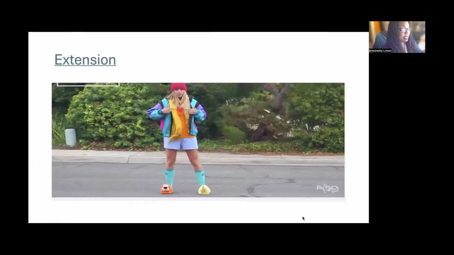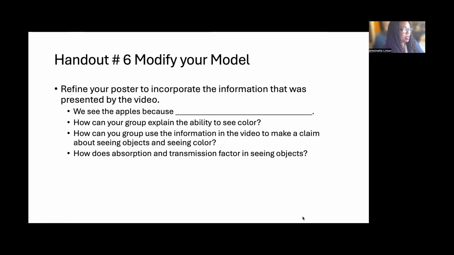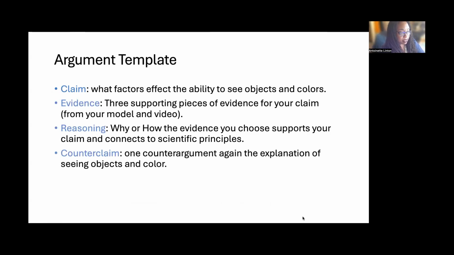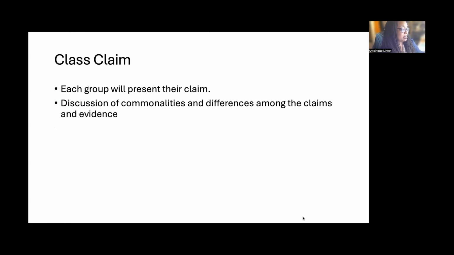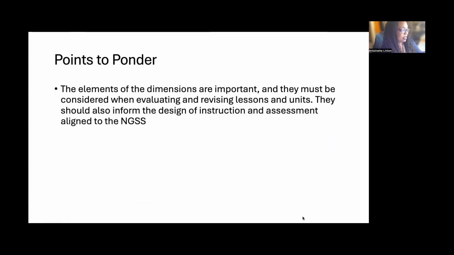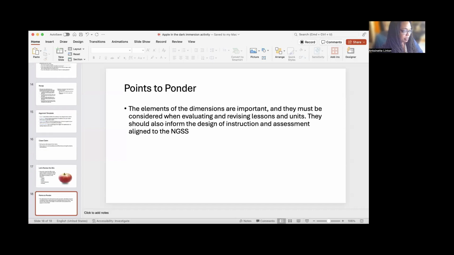We took a break and then we had an extension where you learned about cones and rods and lights and absorption and transmission and all that good stuff. We modified our model, we recapped, then you made an argument. So basically, we came up with a class claim. I introduced the 5 E's. We have points to ponder. And so that was the apple in the dark activity.